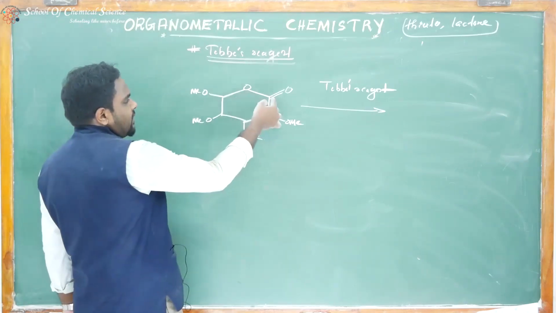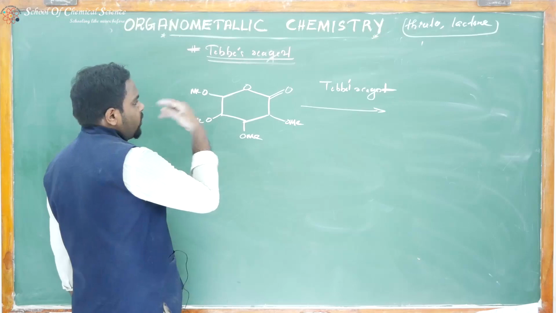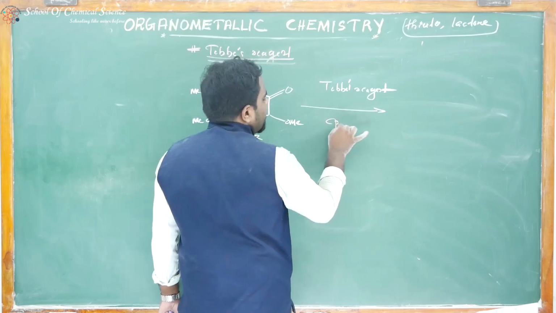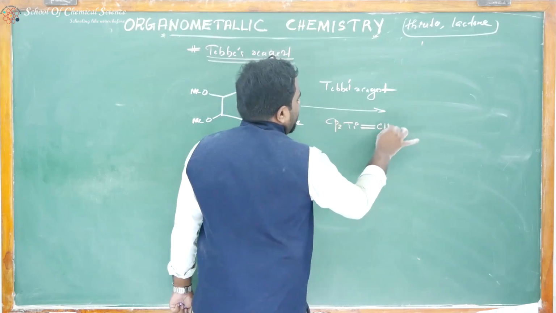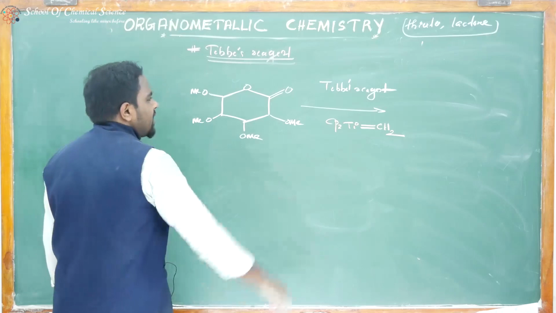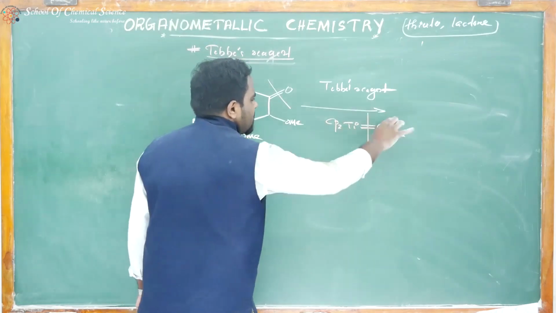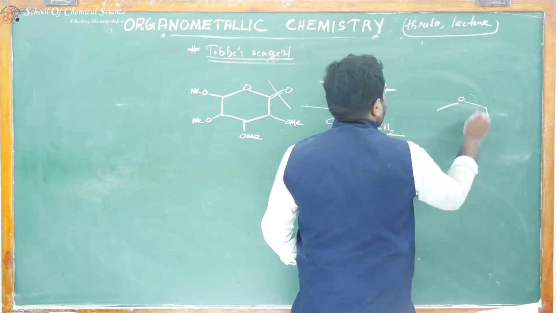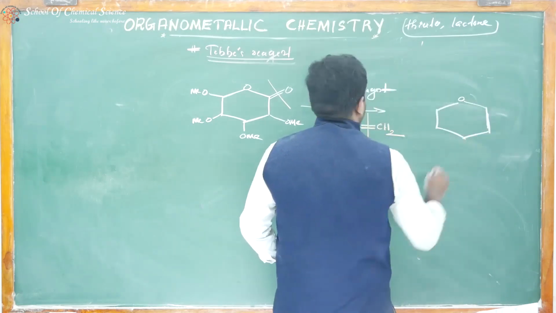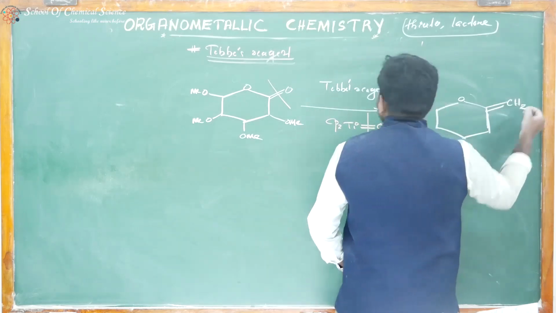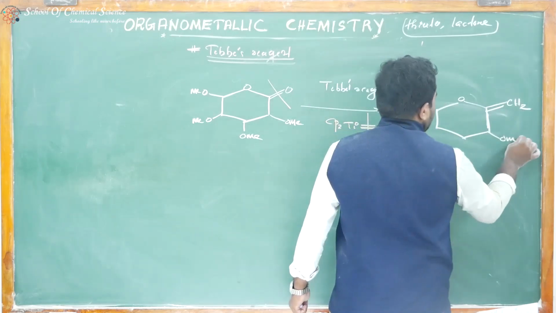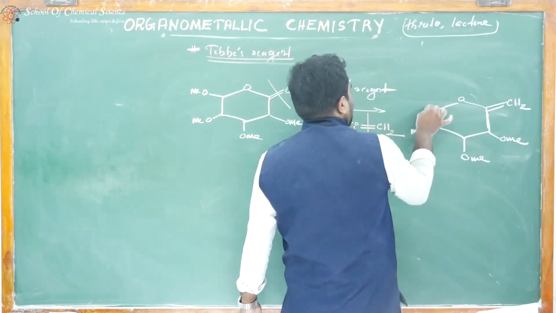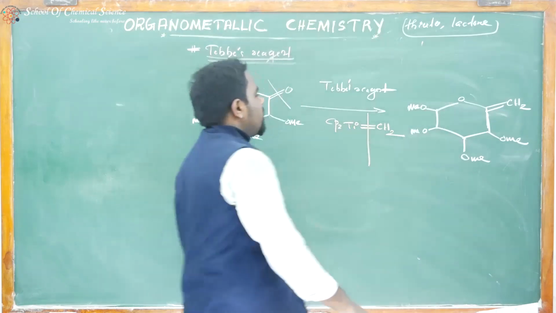You know, this is an ester, a cyclic ester or lactone, C=O. The ester will react with Tebbe's reagent. The active form of Tebbe's reagent is Cp2Ti=CH2. How can we write the product? Cut and paste, the CH2 is pasted here. So your product will have a =CH2 formed here and the OMe as such. That will be your final product.